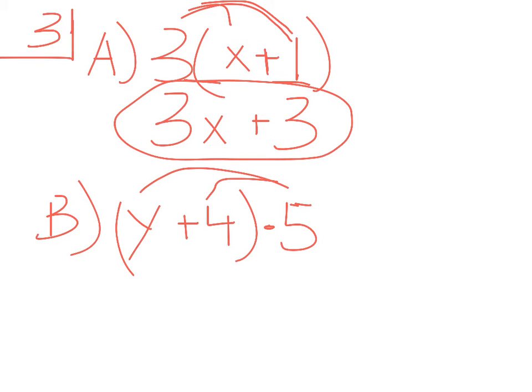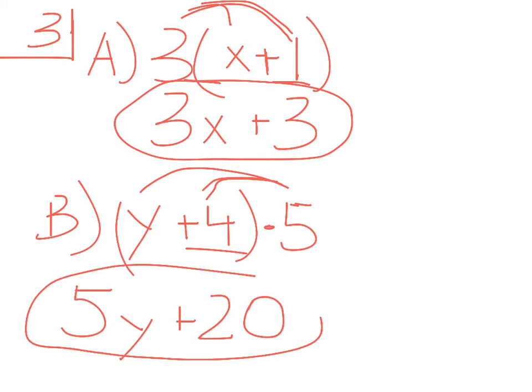Y times 5, or 5 times y is 5y, and then you've got 5 times positive 4, which is positive 20. Again, those are not like terms, so that's the answer. You can't make that 25y. Just like the top one, you cannot make 6x because they're not like terms. And then you could also write 20 plus 5y and a couple other ways with double signs.